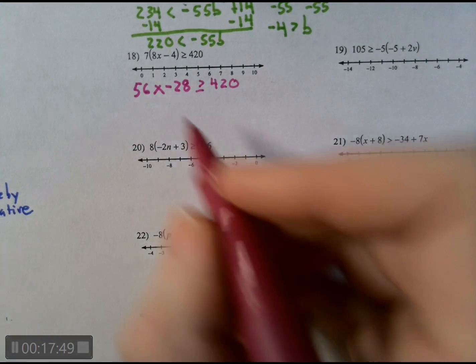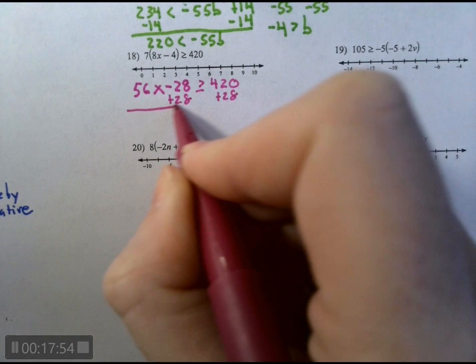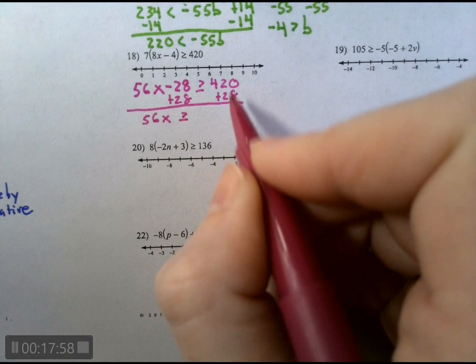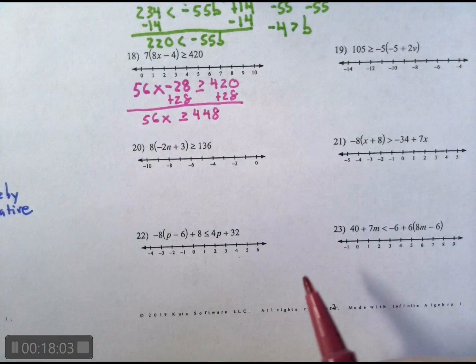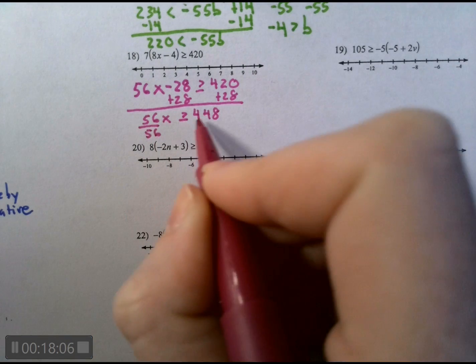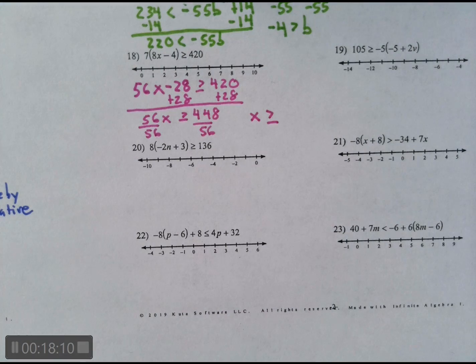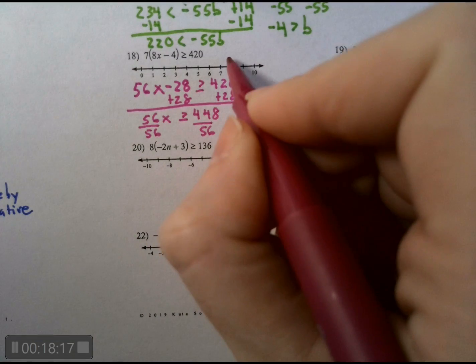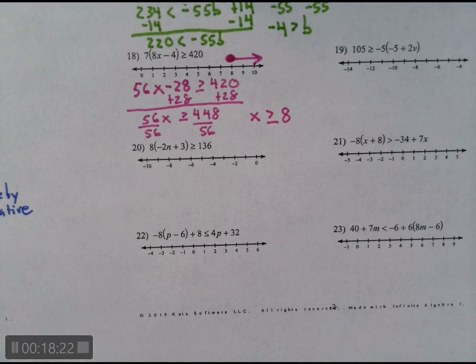We're going to add 28 to both sides. 56x is greater than or equal to 448, and we're going to divide by 56. So x is greater than or equal to 8. So close circle over 8. And we go to the right.